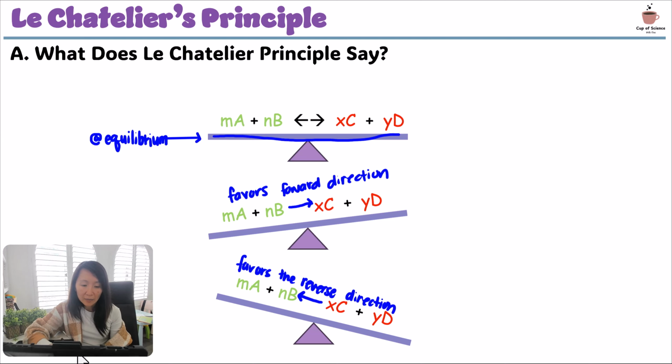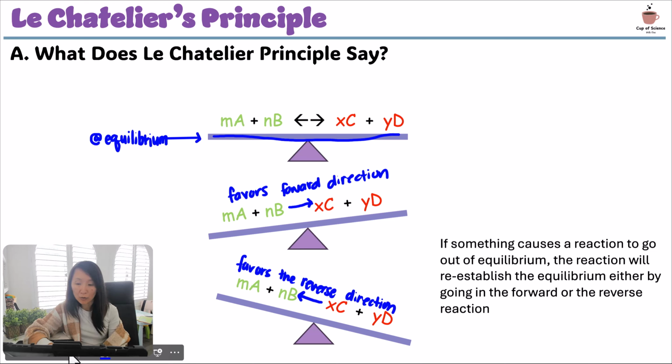So in all of these cases, they're doing whatever they can to reestablish the equilibrium. If something causes the reaction to go out of equilibrium, the reaction will try to reestablish it, either going in the forward direction or the reverse direction.